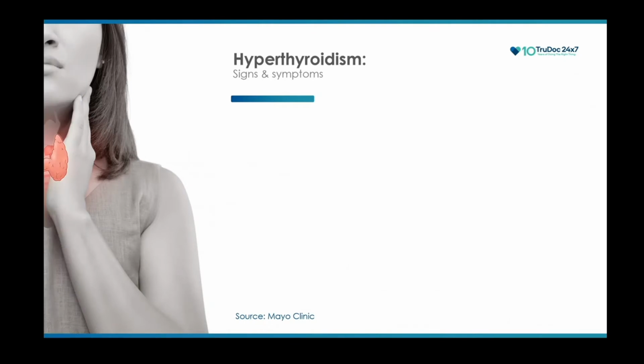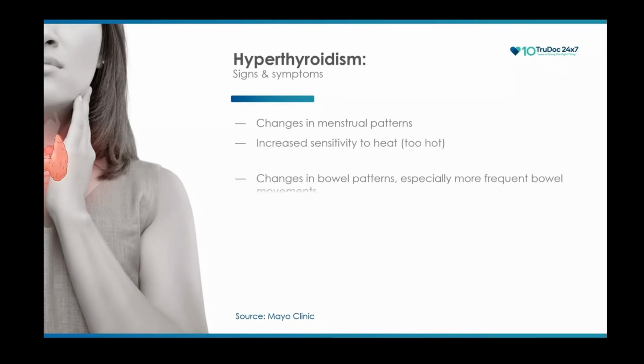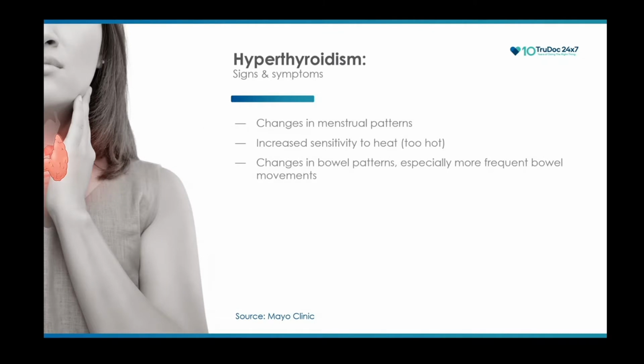Now, as I said, I forgot to also mention this in females, because thyroid hormone basically affects every cell in the body. It's a metabolic hormone. It's going to affect your GIT, also heat and sensitivity. This is very important because a lot of the patients that do present come with signs and symptoms of diarrhea.